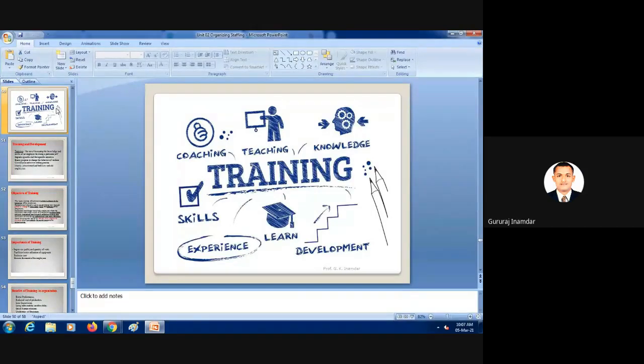Suppose in any industry there is a standard way of joining also. After selection you have to give a joining or appointment letter for that organization. What is the procedure?